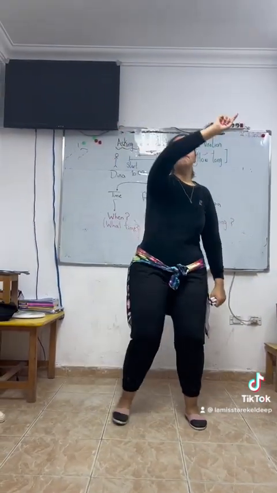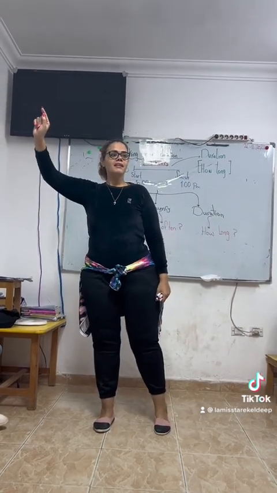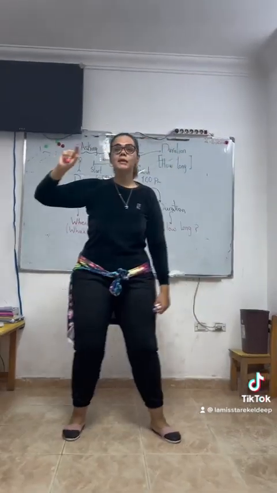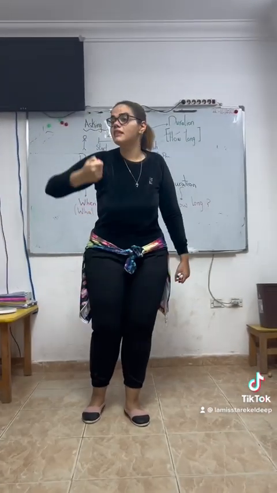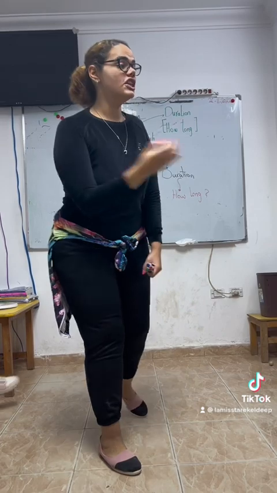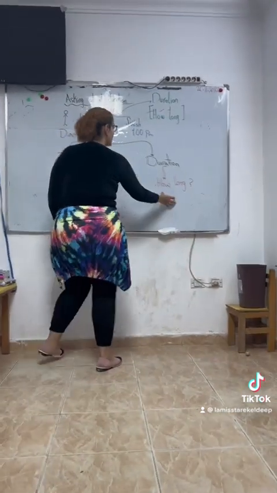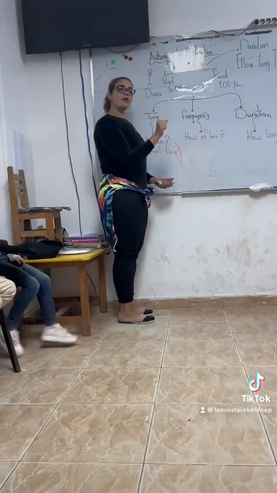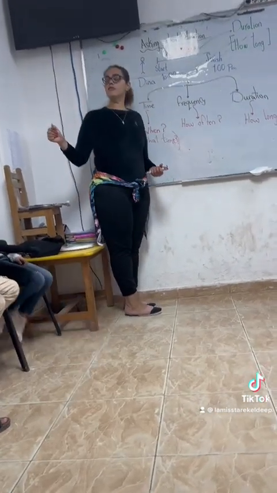Listen, this is the amount of time, so this is duration. This is the amount of time I spend every day in order to teach English. So I'm going to use how long. I'm going to write examples and we are going to do them together.